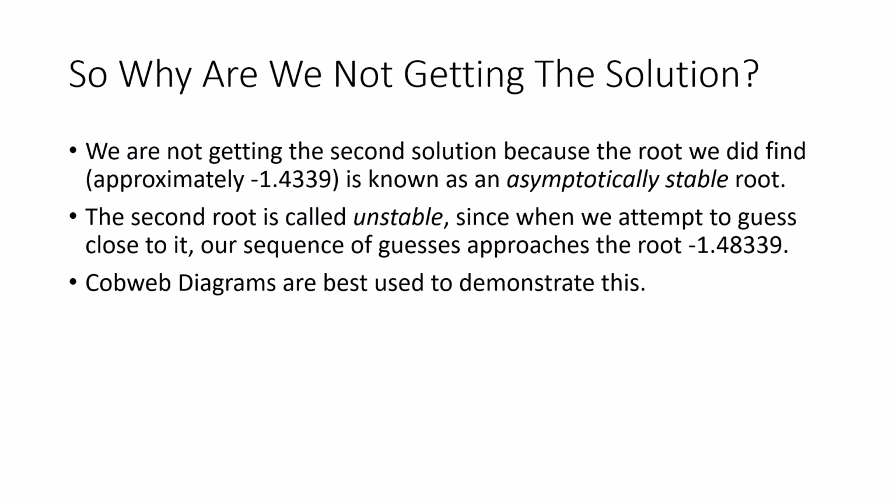When I guess appropriately, I will eventually step into that intersection point. But the other one I can't step into, because every time I try to guess near it, either I go toward negative 1.483 or I end up increasing my values away from that second solution, giving that instability when I try to use this technique.